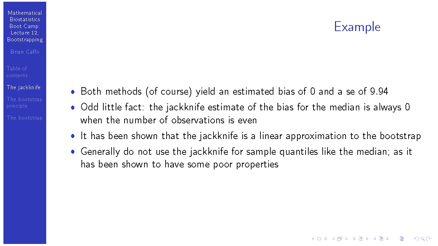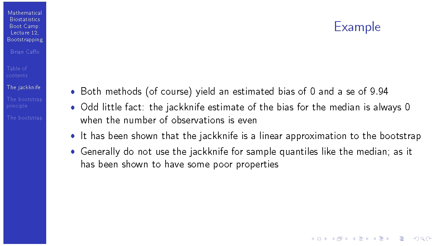And there's an odd little fact. The jackknife tends to work well for smooth functions, and empirical quantiles often don't satisfy that requirement. The median is an example. The jackknife estimate of the bias for the median is always 0 when the number of observations is even. So the median's an example where the jackknife isn't that good of a thing to do.